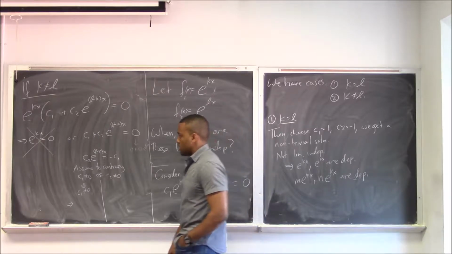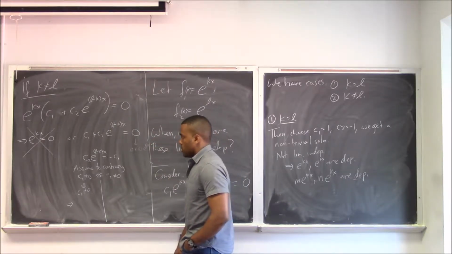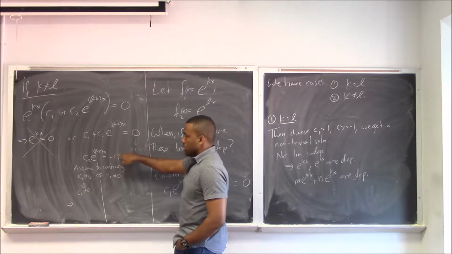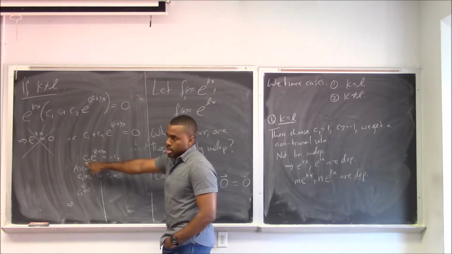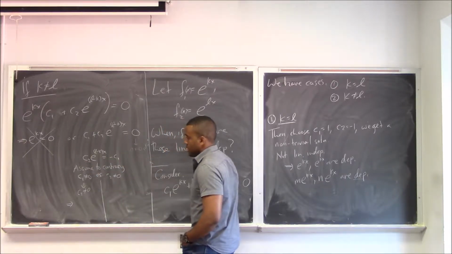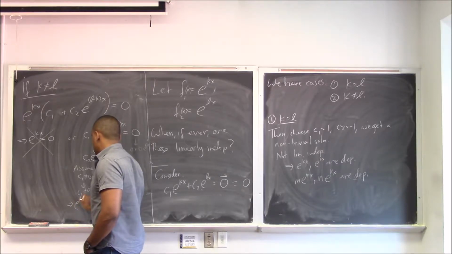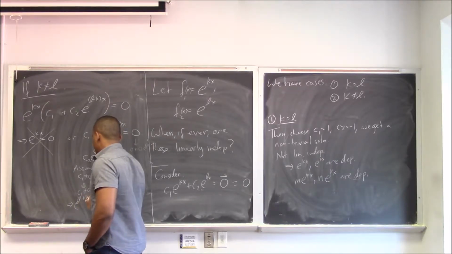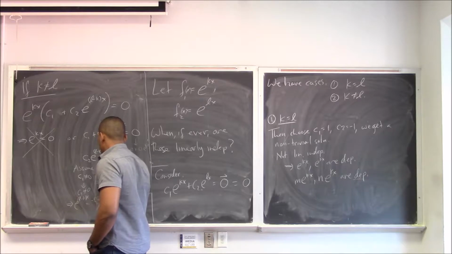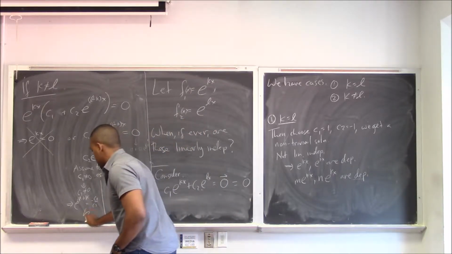Well, C1 is non-zero, which means C2 cannot be 0, because if it were 0, I would get 0 over here, but I didn't. Which means I'd be able to divide by it, so I'd be able to write e to the (L minus k)x equals some constant, right? Which we know is a contradiction. It's not a constant function.